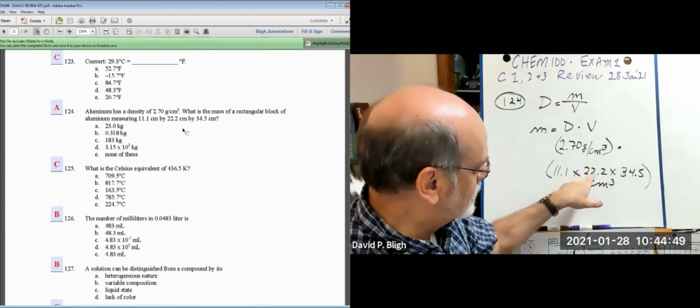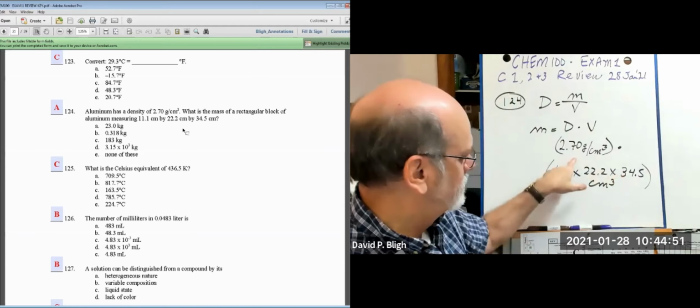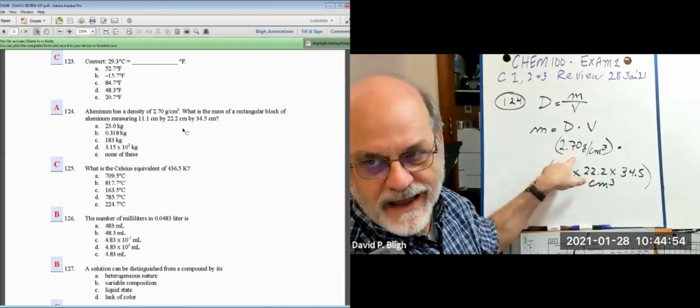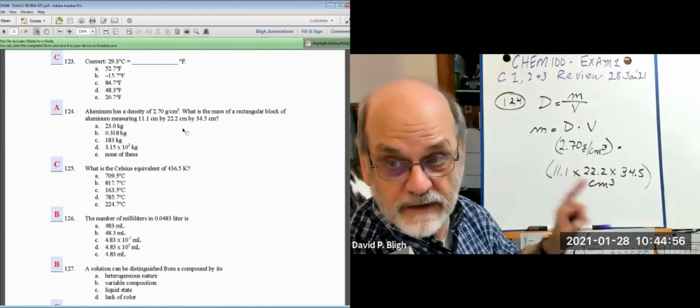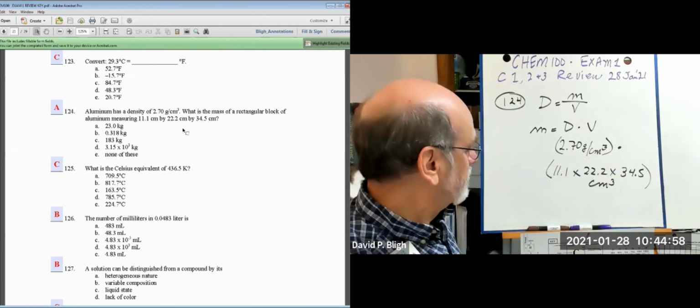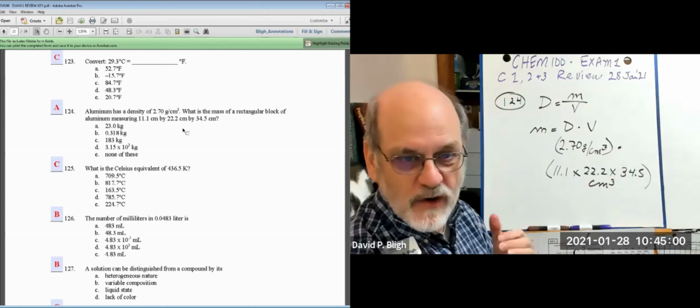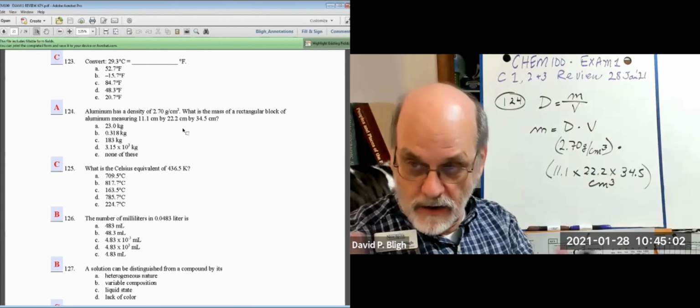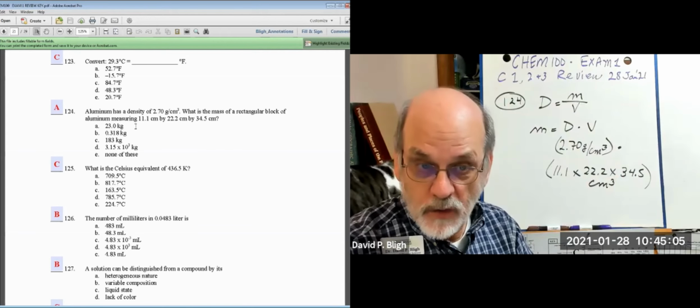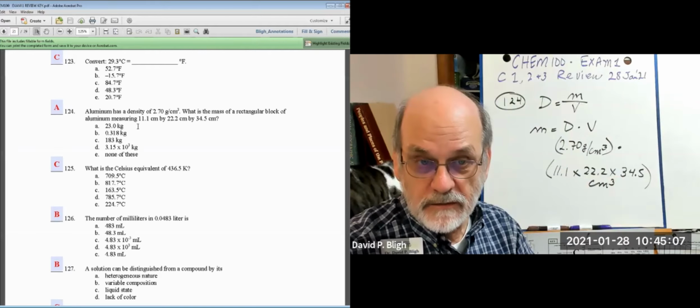So 3 significant, 3 significant, 3 significant, well, that's an exact number, so it doesn't count. But the answer will have 3 significant figures in it. So if we multiply those out and apply our significant figure rule, we should get 23.0.